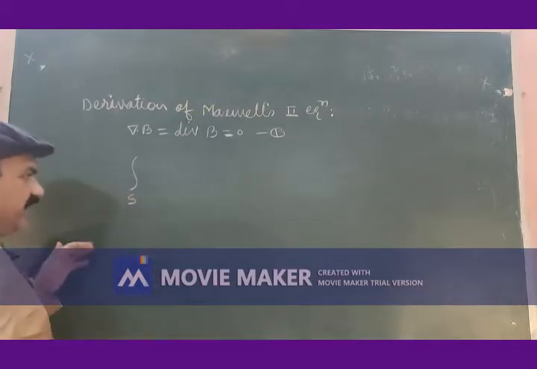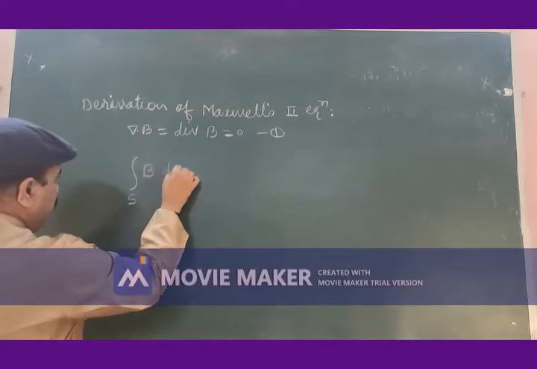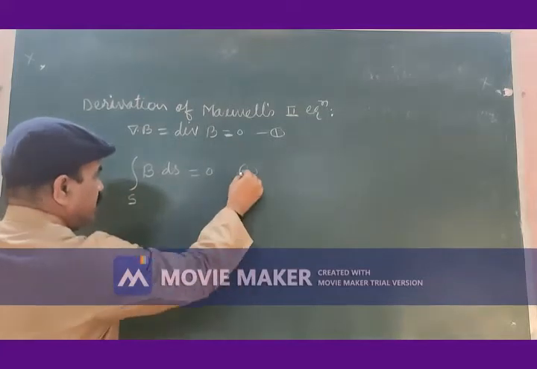Integration over the given surface of B dot ds is equal to 0, equation number 2.